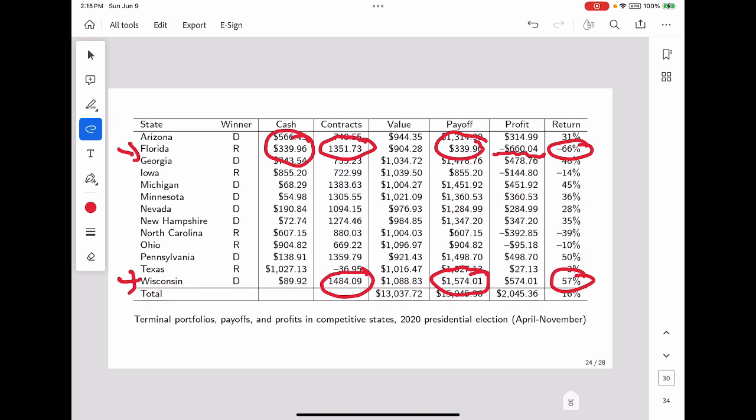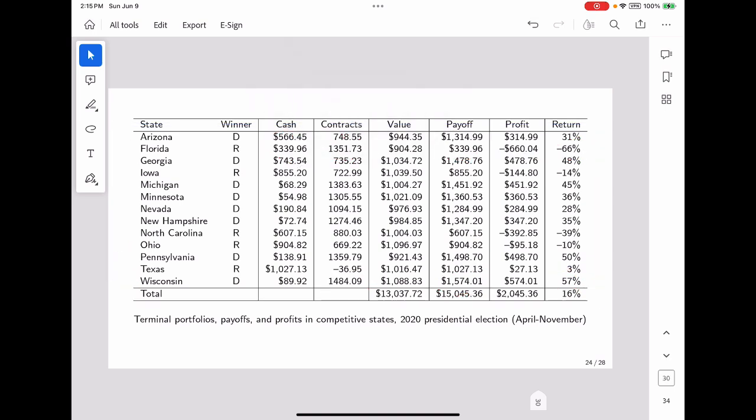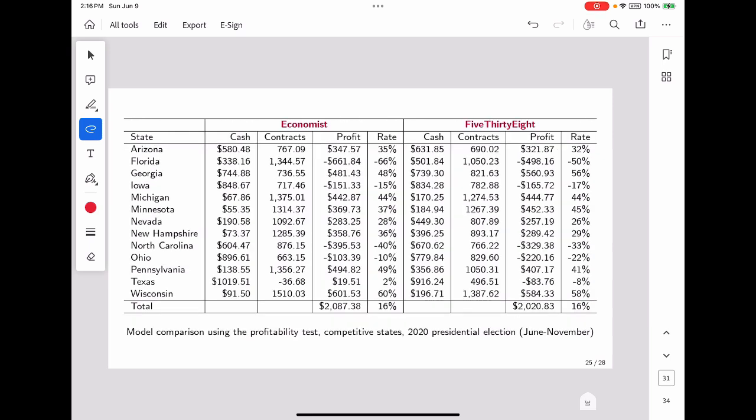And the overall return, you can see at the bottom of the screen. Let me just clear this up a bit. You can see at the bottom of the screen, you get a 16% overall return for the model, which suggests that the model would have been profitable relative to the market, and at least suggests that the model was forecasting better than the market, this particular model for this particular race.